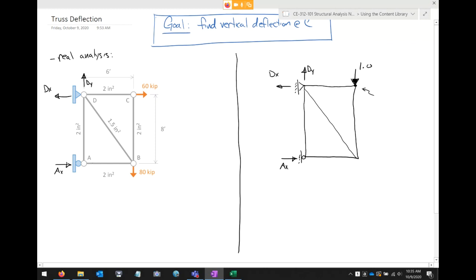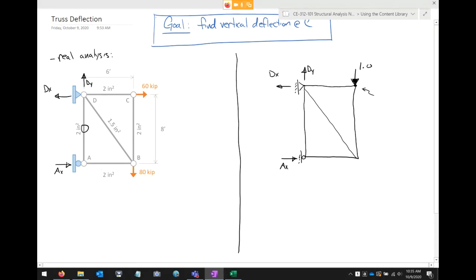If I look right here at joint A, I have a horizontal load. So this member is going to carry some load, but this one's not. The vertical member is going to be a zero force member, because there's no way that there could be vertical load on that joint.